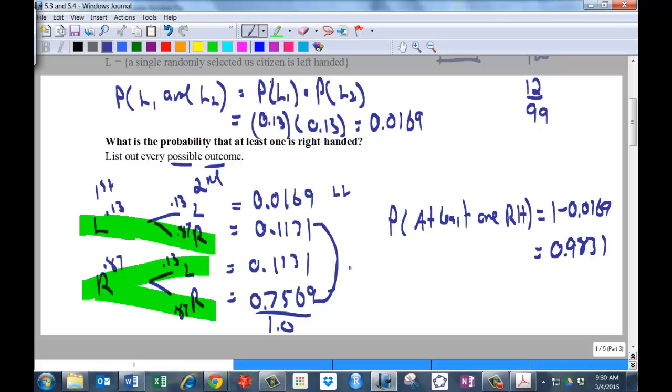This is 0.9831, but the better option, the one you're going to have to use in the homework, is the complement. So the complement of at least 1 is none. Okay? So let's take one more example here.